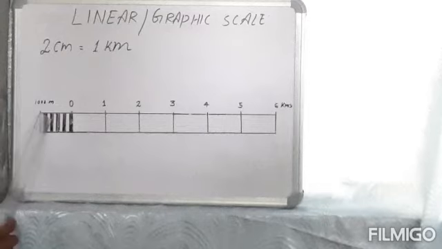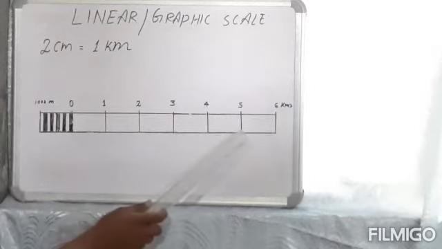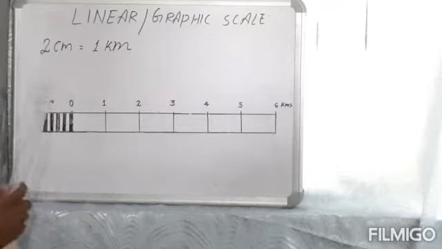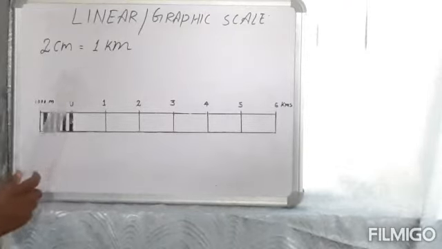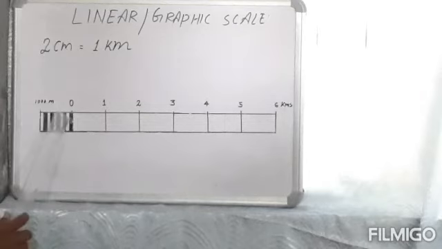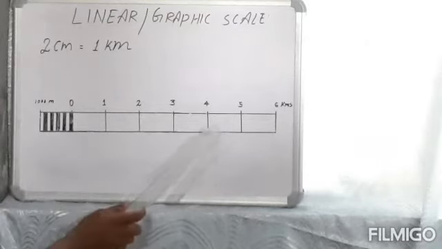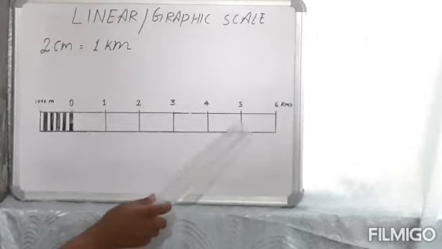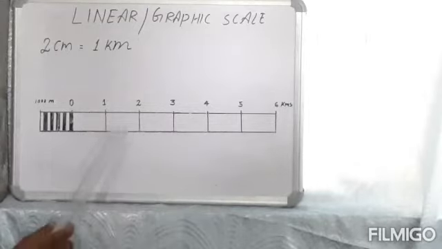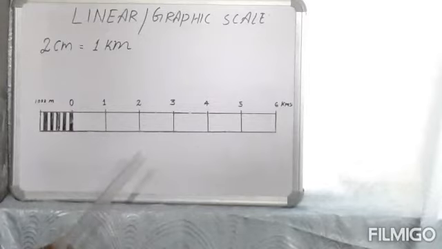Here you have a diagrammatic representation of linear scale. This linear scale represents 7 km. The scale to which it is drawn is 2 cm is equal to 1 km. To the right of 0, there are 6 compartments, representing 6 km.